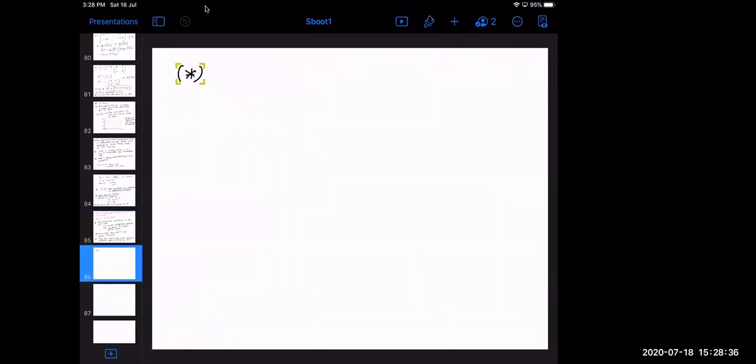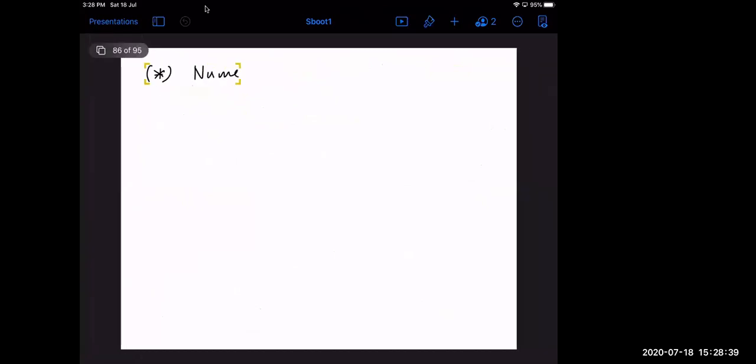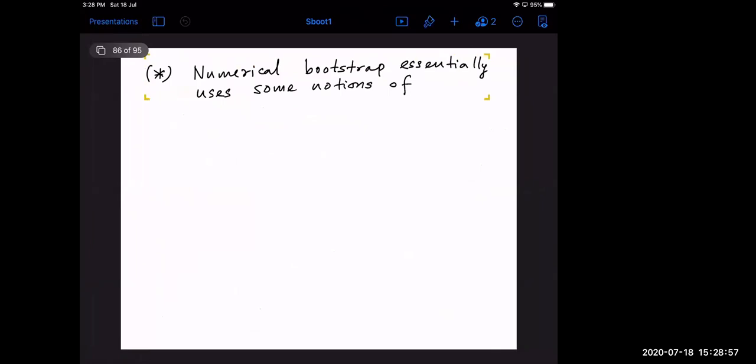This numerical bootstrap essentially uses some notions of positive semi-definiteness, like the conformal bootstrap.